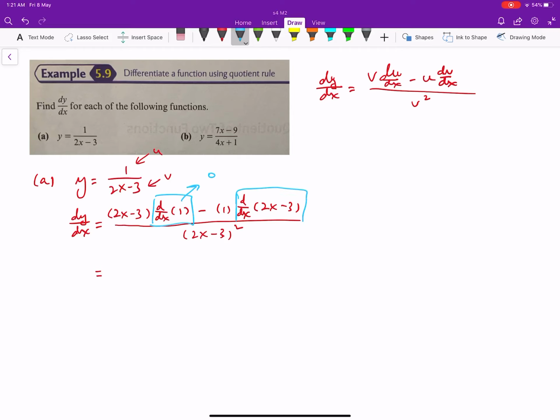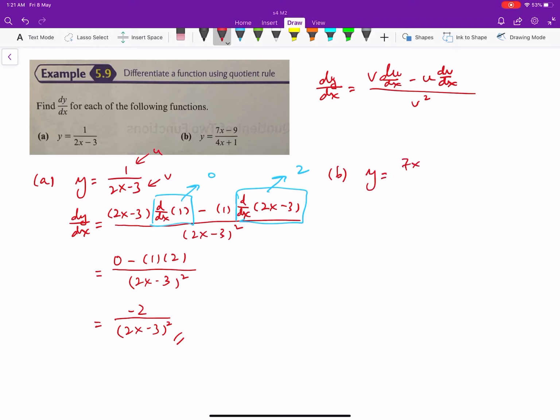And for this one, you will get 2, right? So this is 0 minus 1 times 2, and we have negative 2 over (2x minus 3) squared. So this is A. And now B.